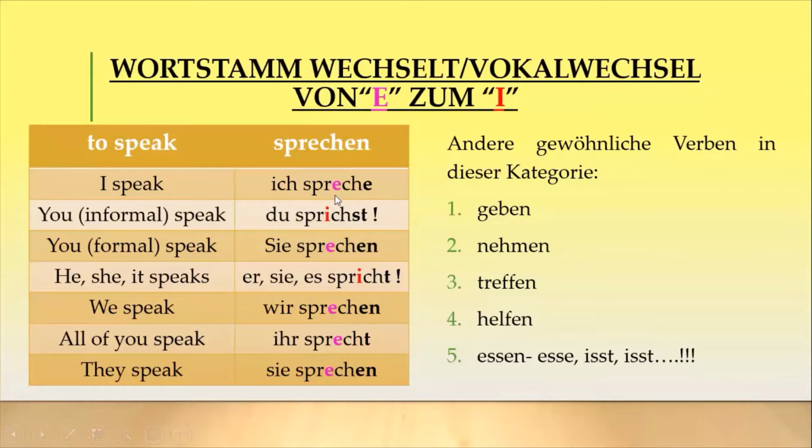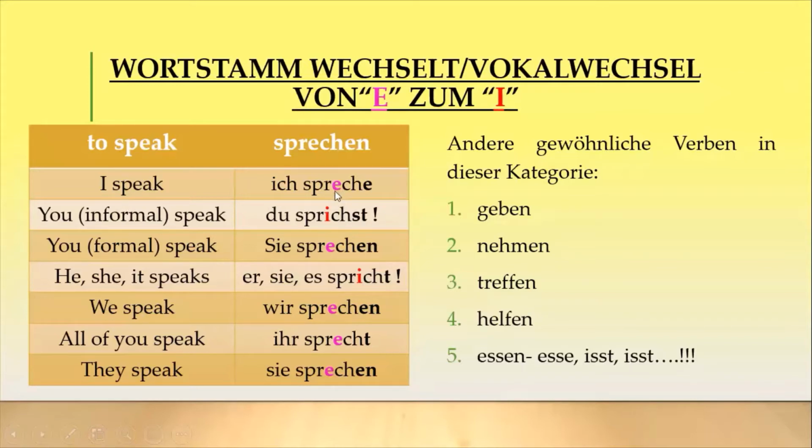And the A alphabet has changed to an E. Ending is with an st. If we're taking the formal you, Sie sprechen. He, she, it speaks. Er, sie, es spricht.